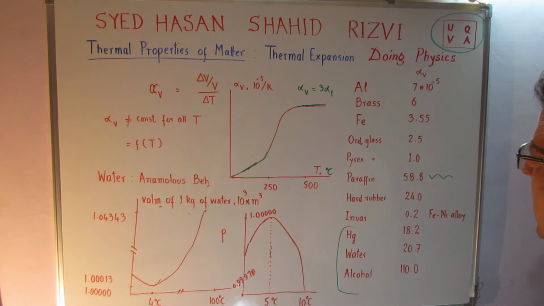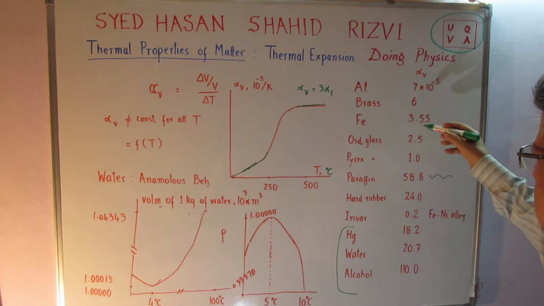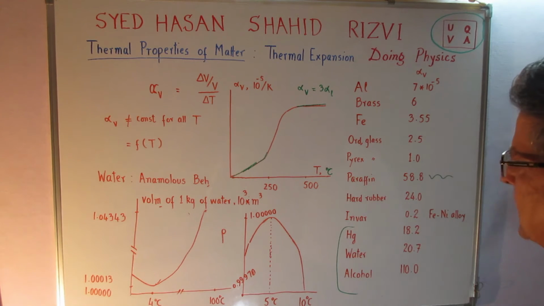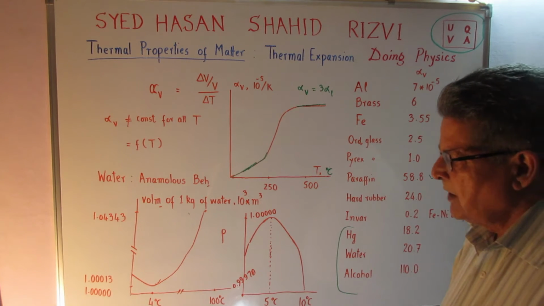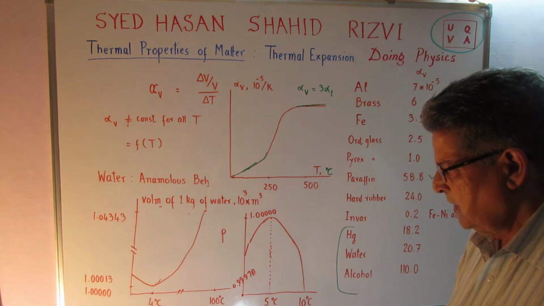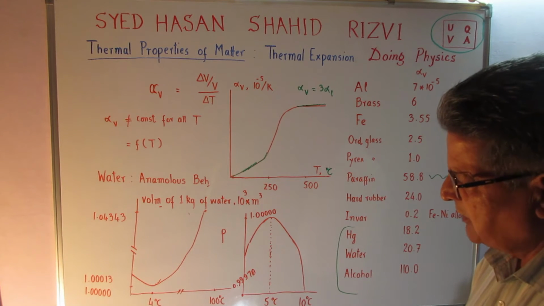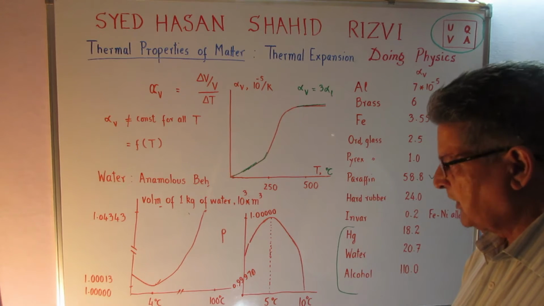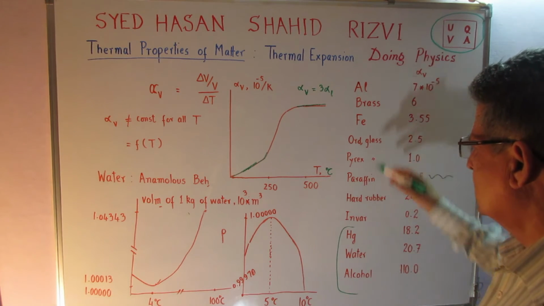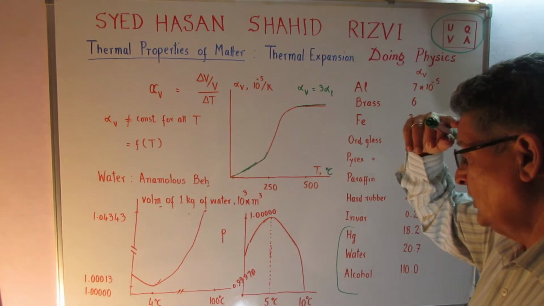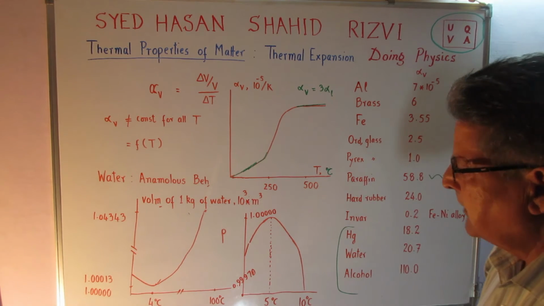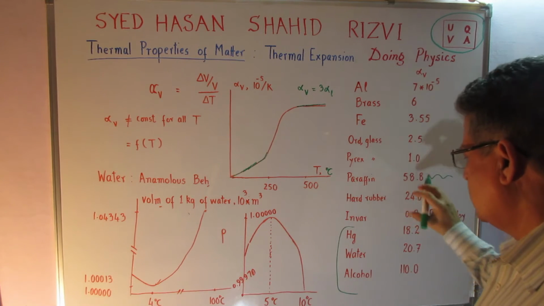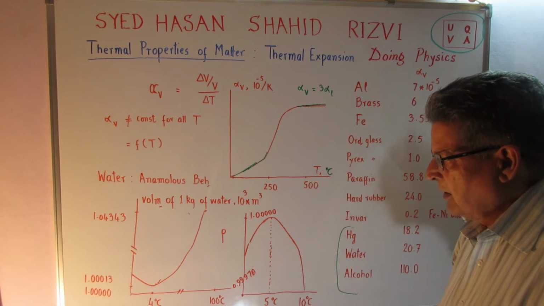And for ordinary glass and Pyrex, we find that the value of alpha V has typical values given like this. So if we have to use several materials over each other, then we have to make calculations for the various values. If we have a laminar kind of adjustment, then accordingly we have to do it.